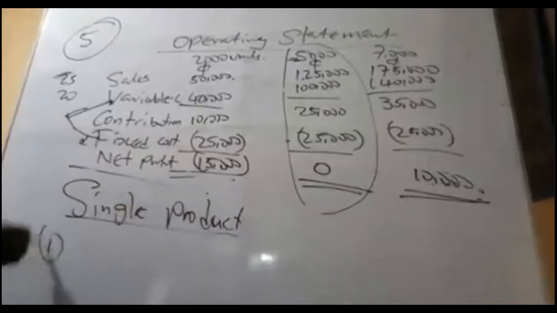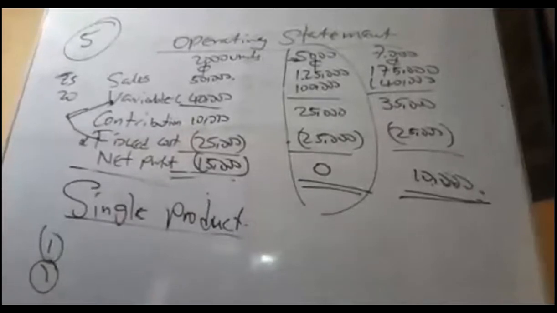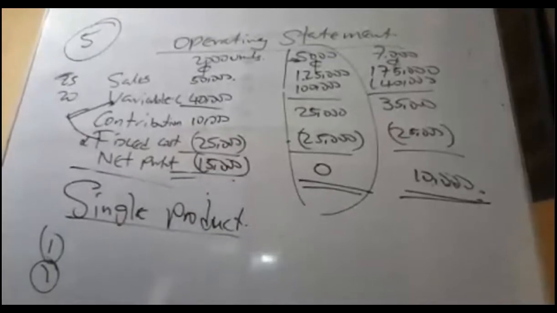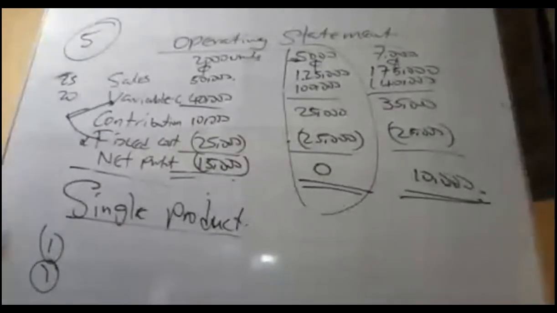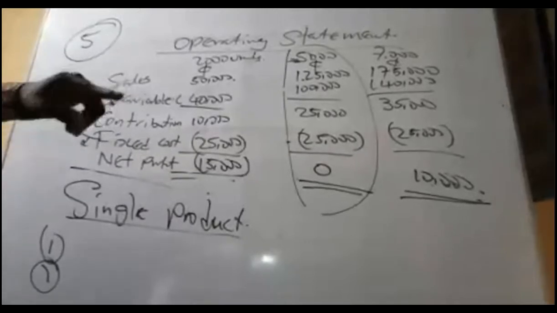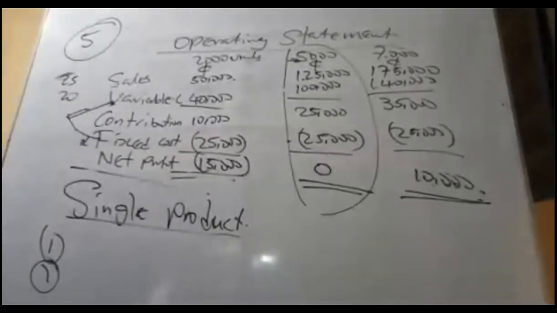Number 1, formula. Number 2, analysis. Because the thing is break-even analysis. That analysis is what we do in CVP. So we should take note: what if this one changed by this? What if we add this one to this one? What if it's like this? That's why we call it what-if analysis.